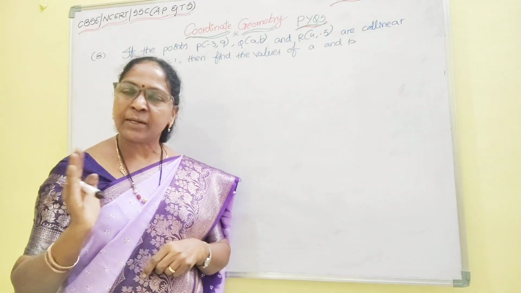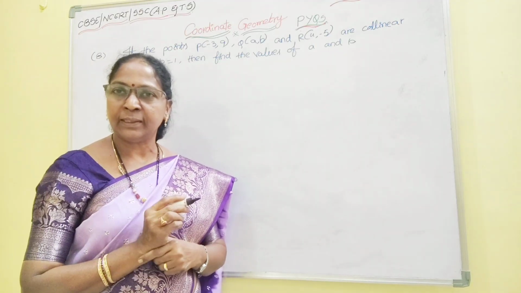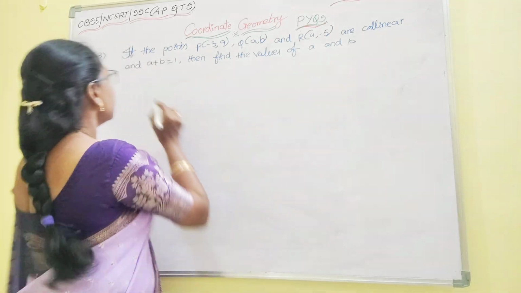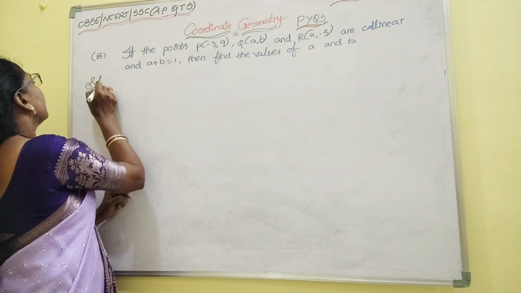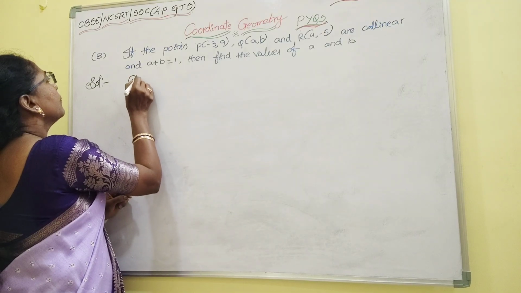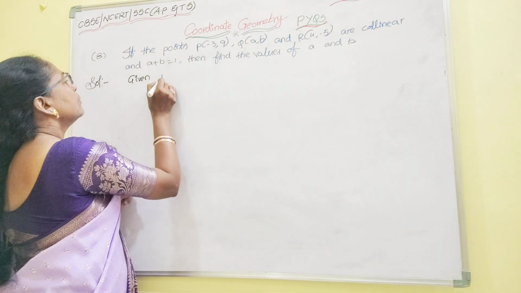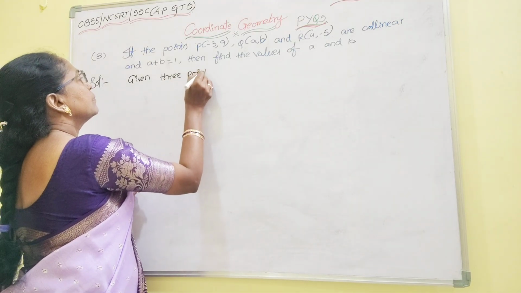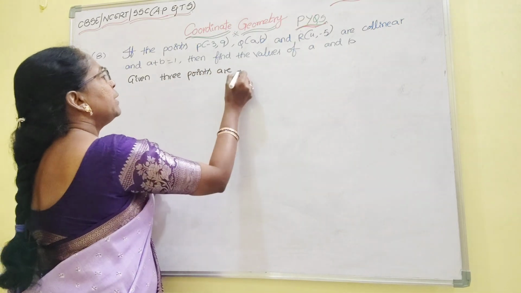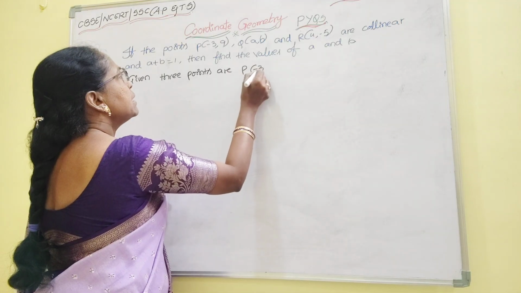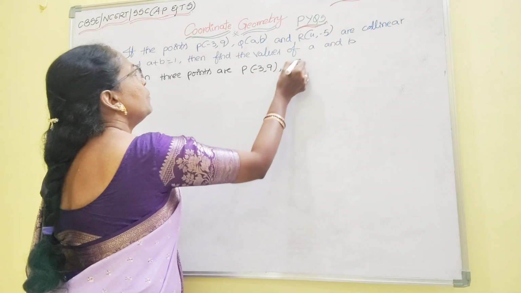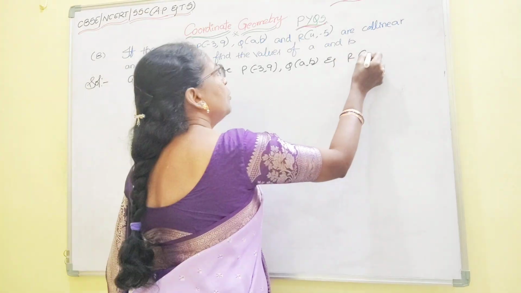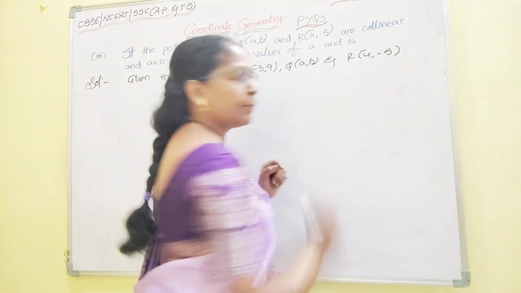Whenever three points are collinear, we know one thing: the area of the triangle is 0. So first write down the given data. Given three points are P of minus 3 comma 9, Q of A comma B and R of 4 comma minus 5.